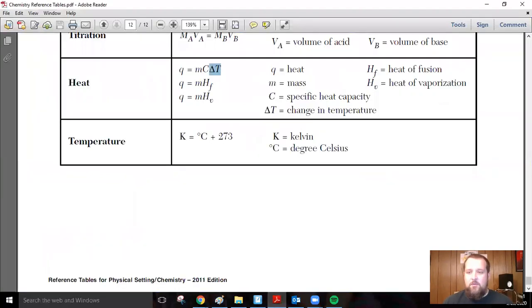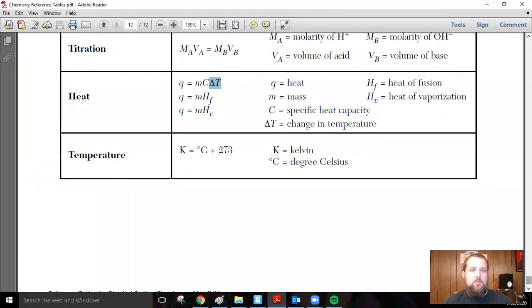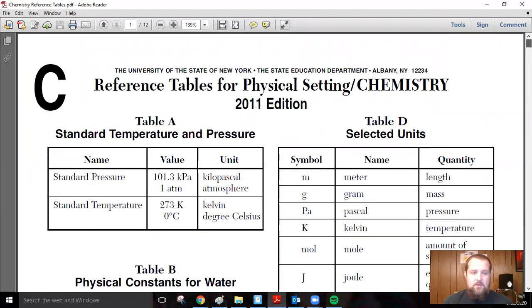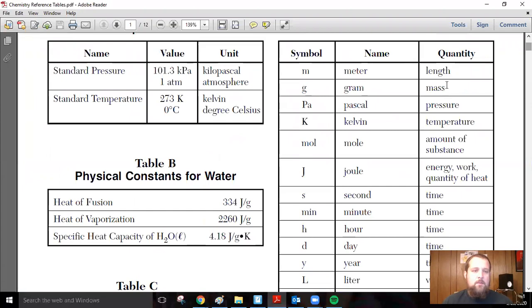And it's on the very front page. So it's a little annoying for this topic, flipping from the heat equation you need to table B on the front page. But table B, physical constants for water. These are numbers just for water.